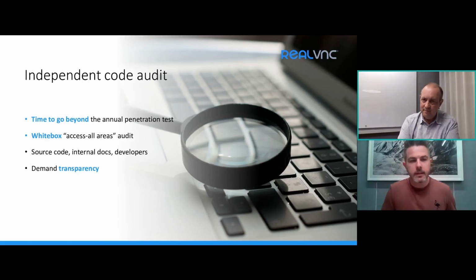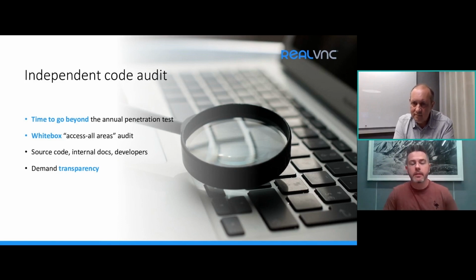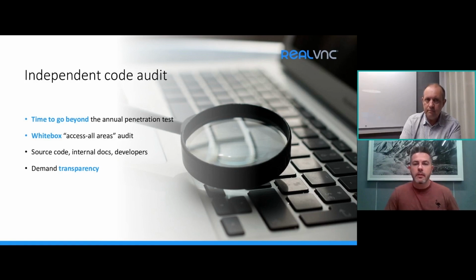So this last point is the fifth step in selecting a remote access vendor, and it's really about getting independent security audits. Traditionally, annual penetration tests are quite often done by various vendors, sometimes for compliance reasons.